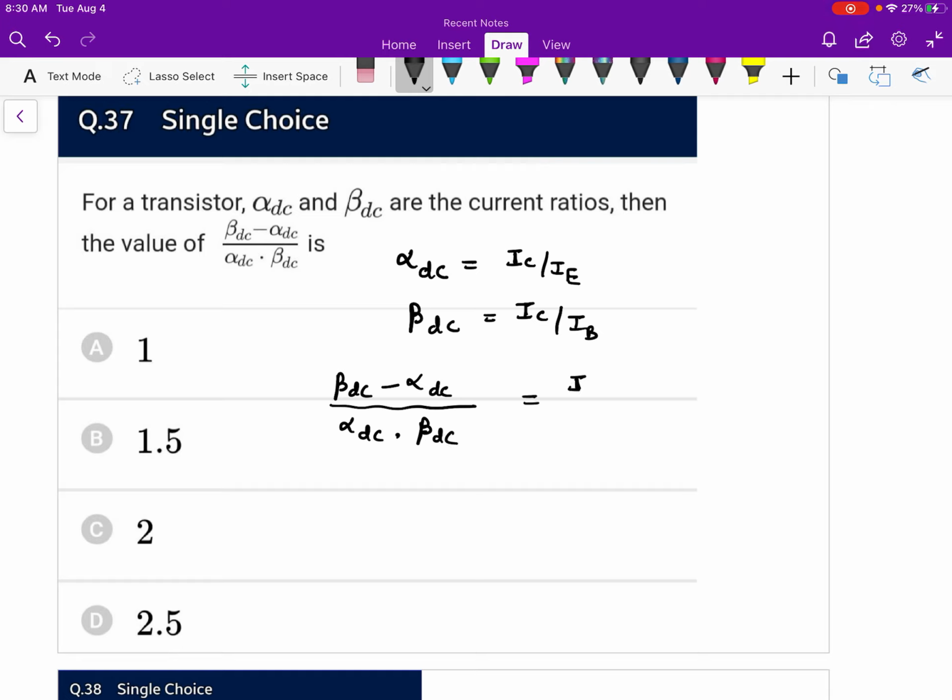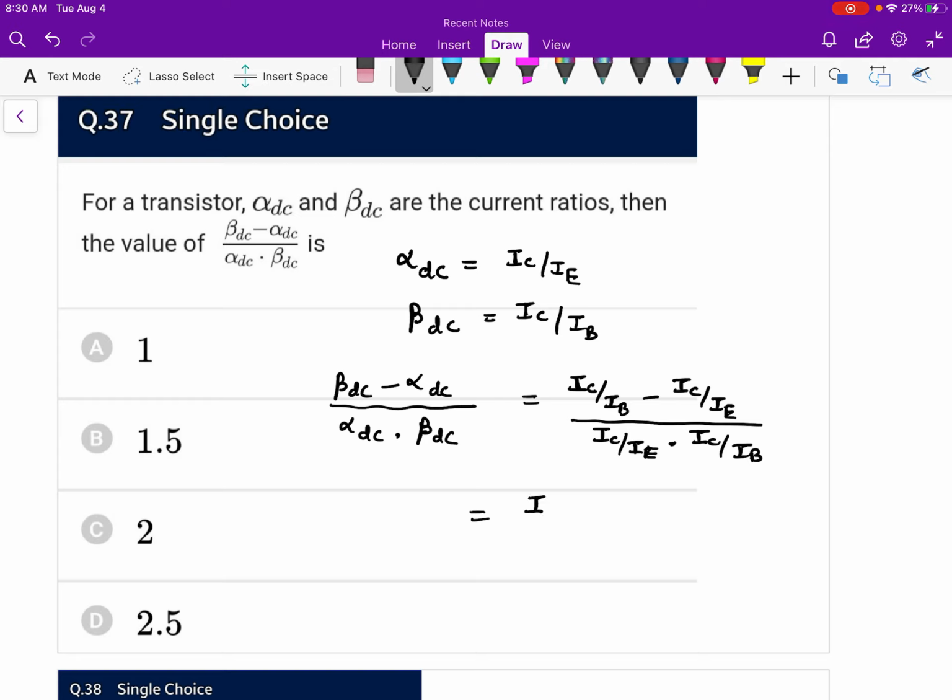So beta DC, which is IC upon IB, minus alpha DC, which is IC upon IE, upon IC by IE into IC by IB.